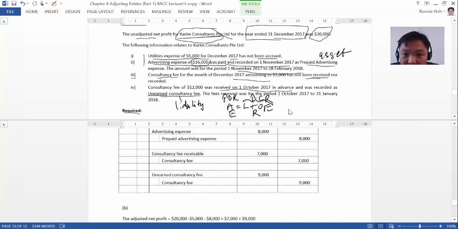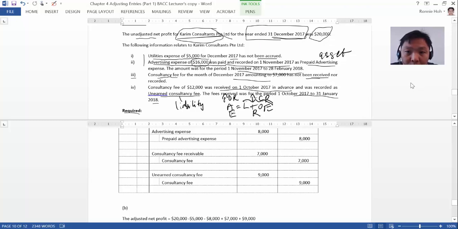And these fees that you receive in advance is for the period 1st October to 31st January. And how many months is that? October, November, December, January. 4 months worth of fee that you receive in advance. But that was on 1st October. But come the end of the financial year, which is in the case of 31st December 2017, how many months have taken place since then?